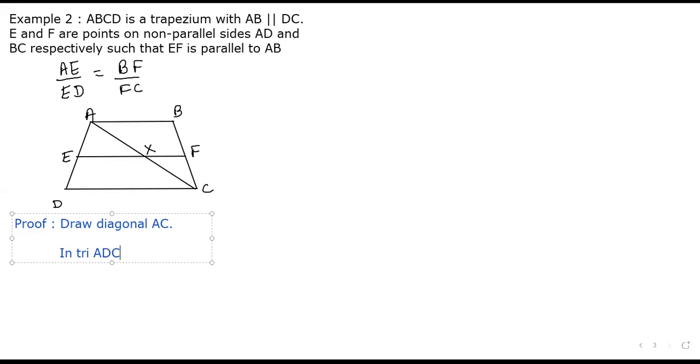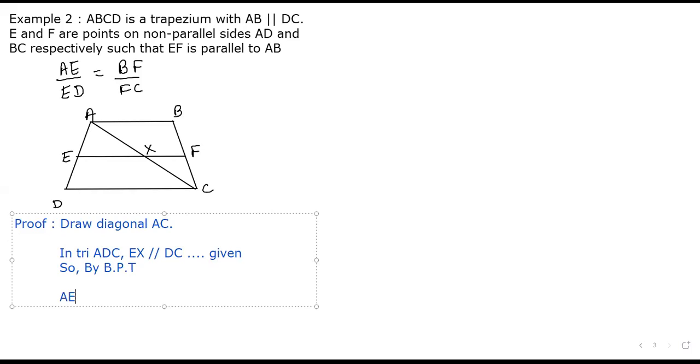EX parallel to DC, given. I have told you how to write. First, you have to write which lines are parallel. And because the lines are parallel, so by BPT.